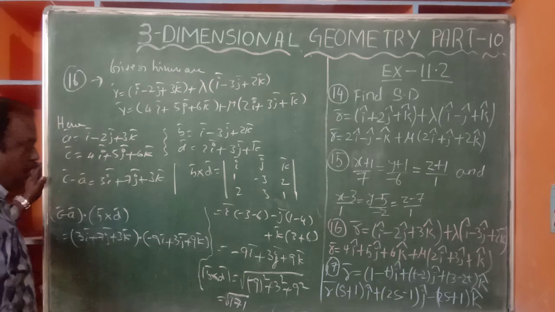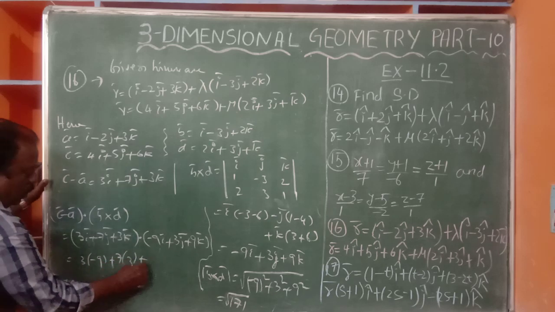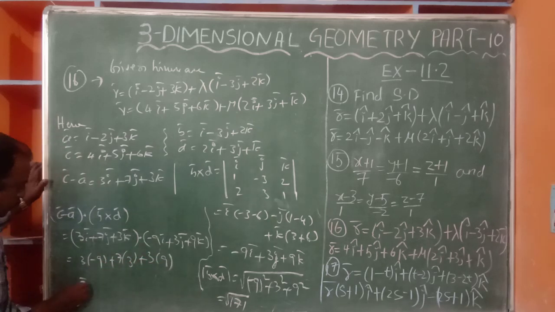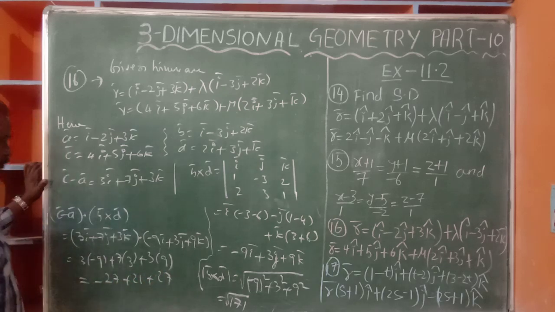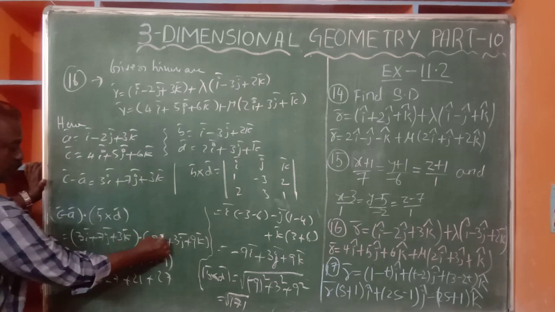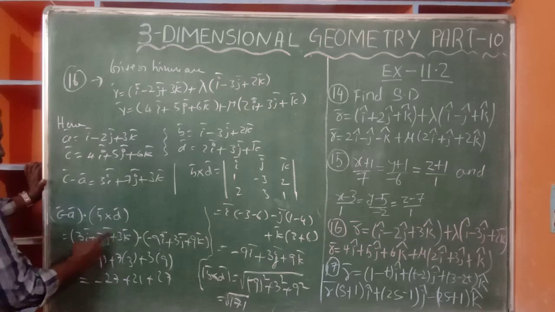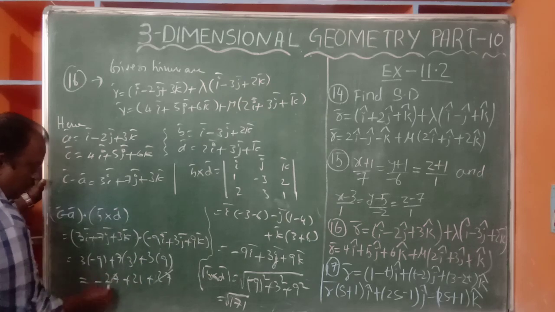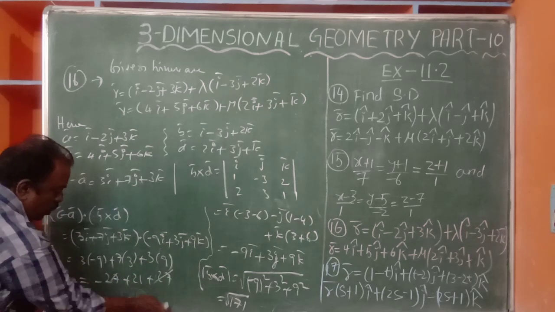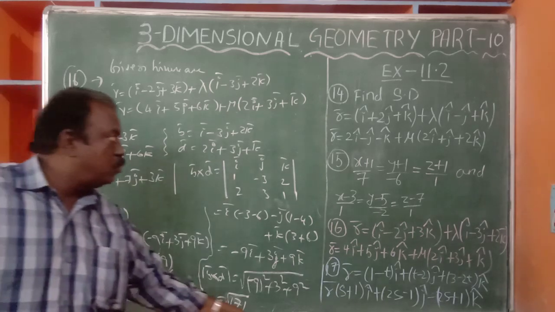Okay, now i dot i only: 3 into minus 9, 7 into 3, 3 into 9: minus 27 plus 21 plus 27. 3 into minus 9 is minus 27, 7 into 3 is 21, again 3 into 9 is 27. Cancels, we get 21.